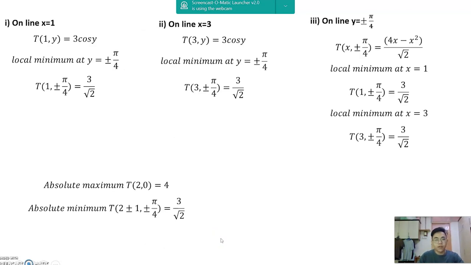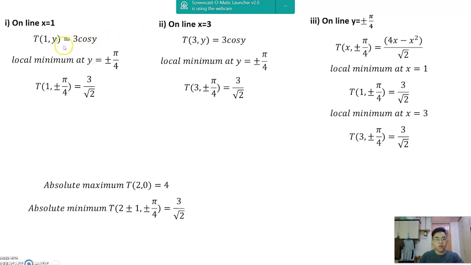After finding the highest point, we find the coldest point, which is on the 4 corners. So we know that the limit of x is 1 and 3, the limit of y is pi over 4 to negative pi over 4. So these 4 points will be the coldest points, which are the local minimum.